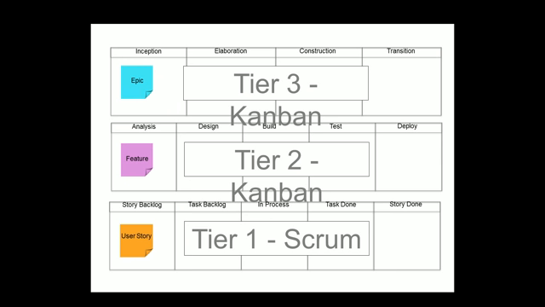Then the third item was this concept of flow, so having that multiple tiers. You've got your teams doing Scrum at the bottom, but you also have a workflow that's defined at that product team level or that program level, so that features are flowing through that progression. And then at the top level, you have a workflow as well for your epics.